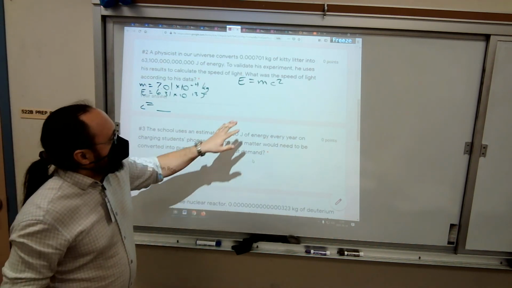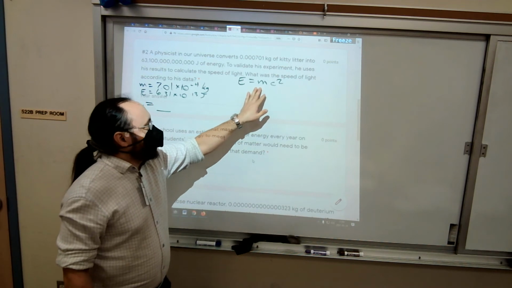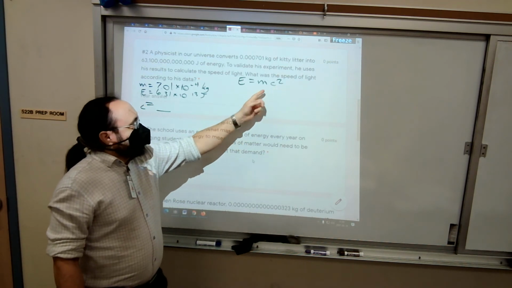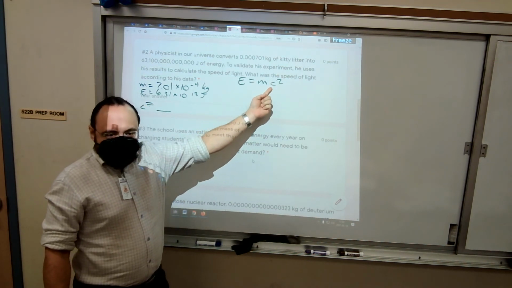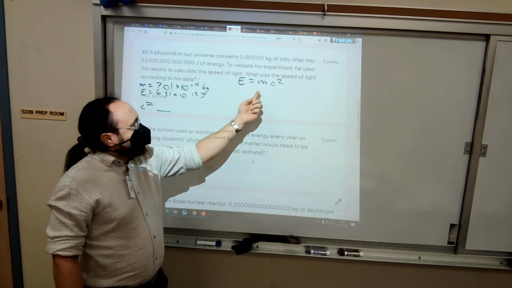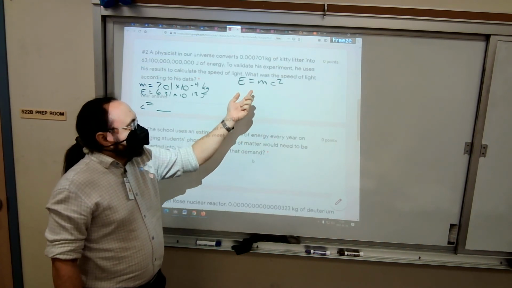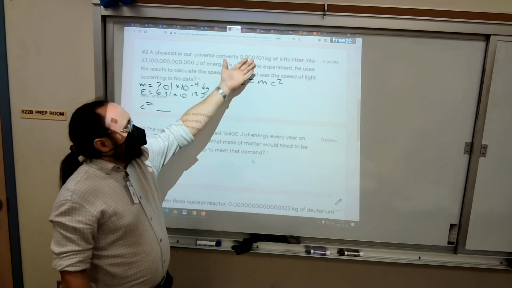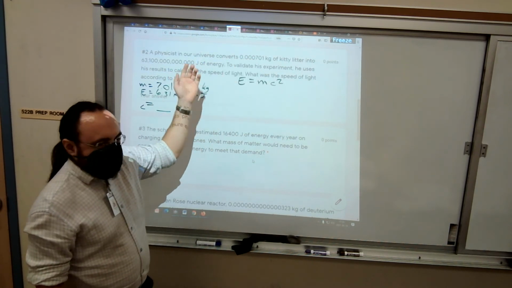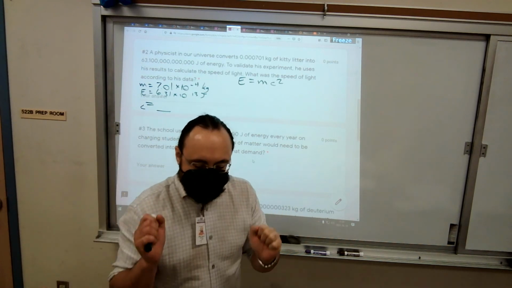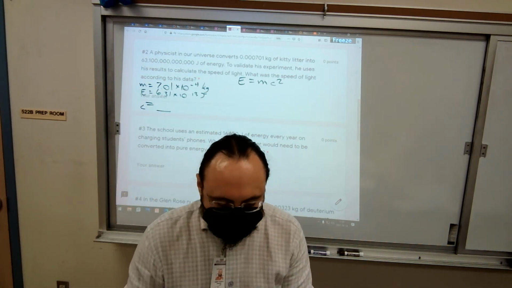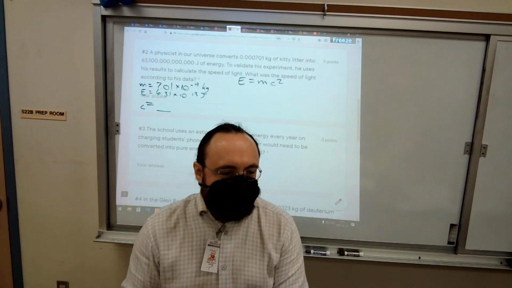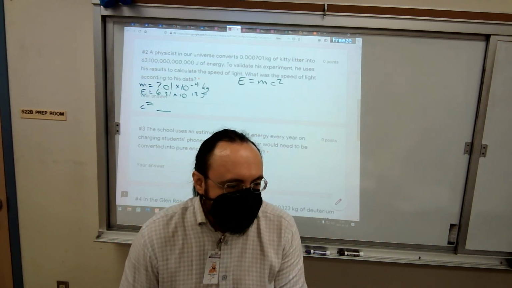And you notice this kind of looks like 1/2 mv², where c is the speed of light, so it's even kind of like v. There's just not a 1/2. The reason for that is that when we convert this kitty litter into energy, or when we do the fission with fissionable material, we don't have to make it move in order to get energy out of it.